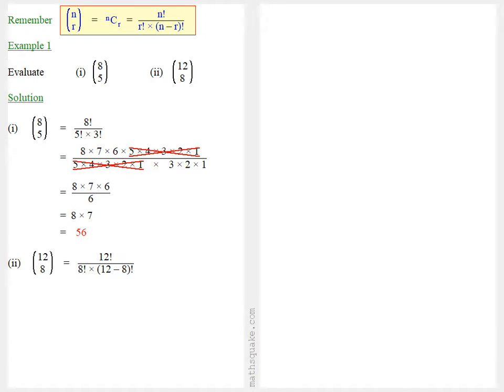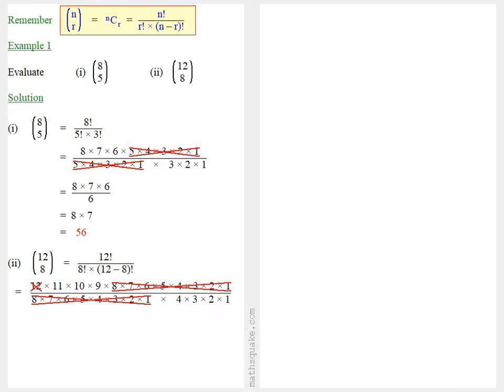In part 2, we're asked to evaluate 12C8. Well, that's 12 factorial over 8 factorial times (12 minus 8) factorial, or 12 factorial over 8 factorial times 4 factorial. So we can write out 12 factorial in full, and underneath write 8 factorial in full, and 4 factorial in full. Now 8 times 7 and so on down to 1 cancels top and bottom.